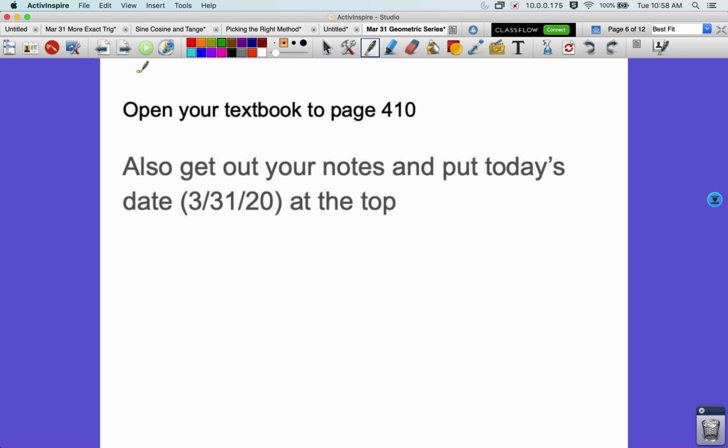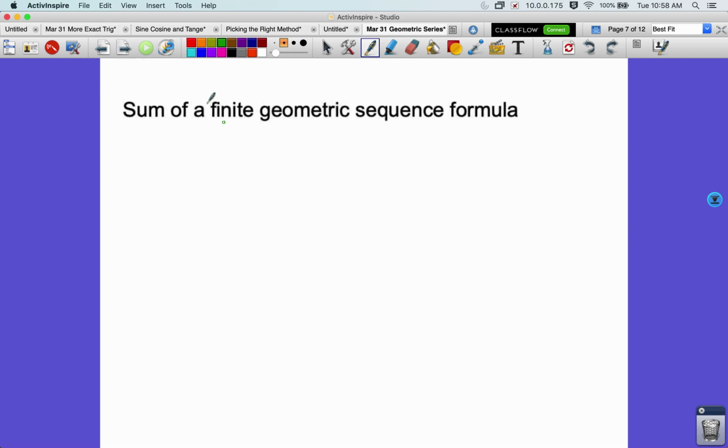If you want to follow along in your textbook, I'm pulling examples from page 410. We need a formula, the sum of a finite geometric sequence.